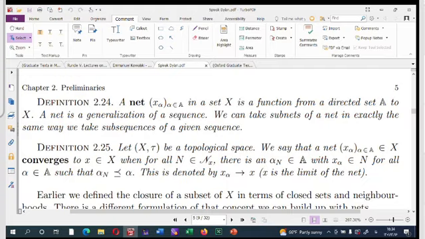This is very similar to the convergence of sequence. Okay, this is denoted by this, or the limit of X alpha equal to X.